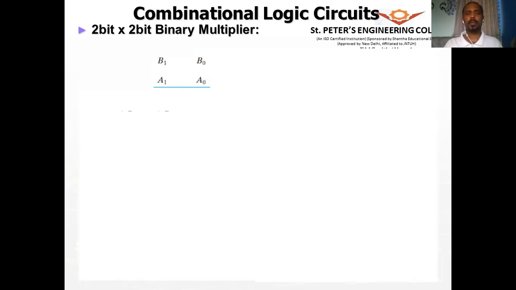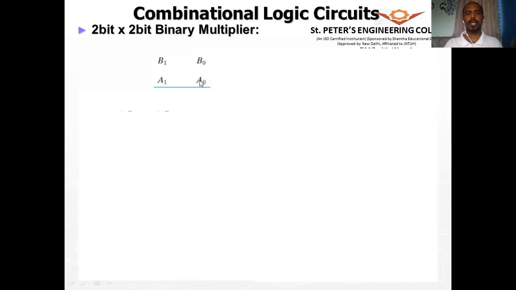Now let us say how we multiply them. First, we take the lower position bit and multiply with the other one. So first we call the multiplier and the multiplicand. This is the multiplier and that's the multiplicand. First, we multiply A0 with B0.